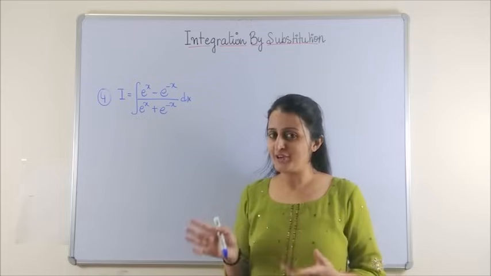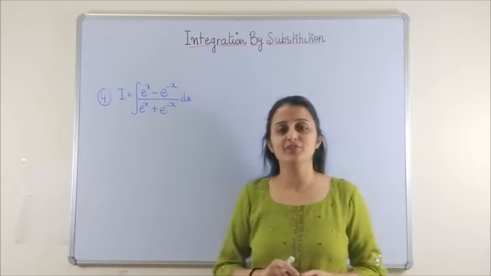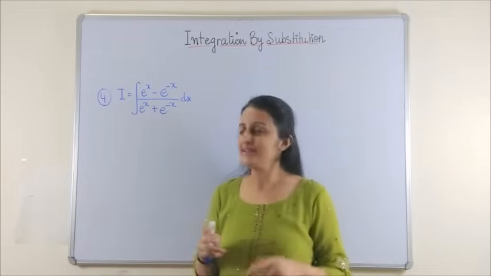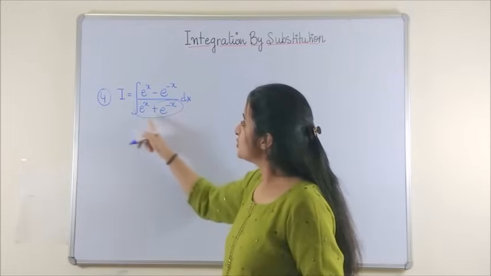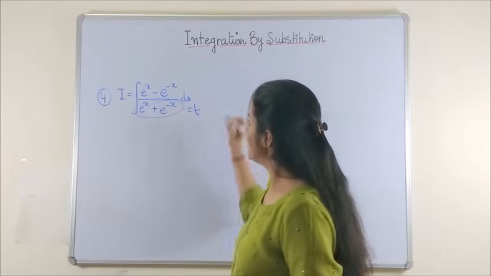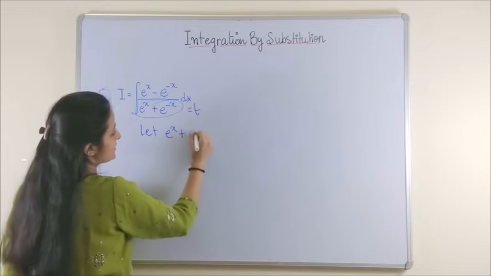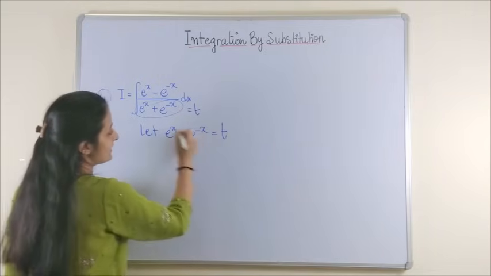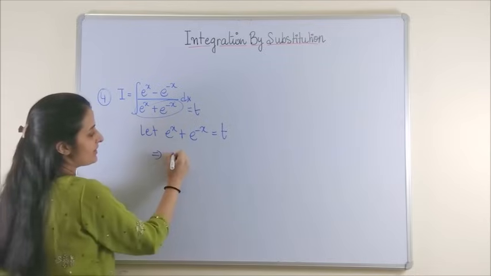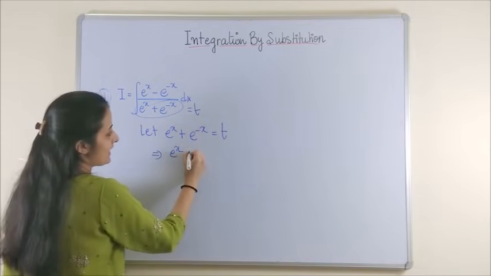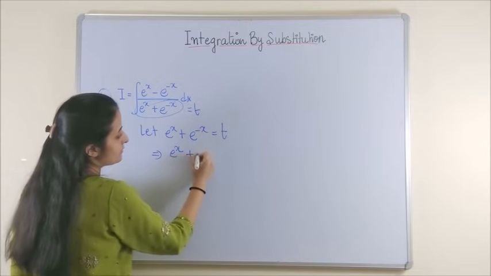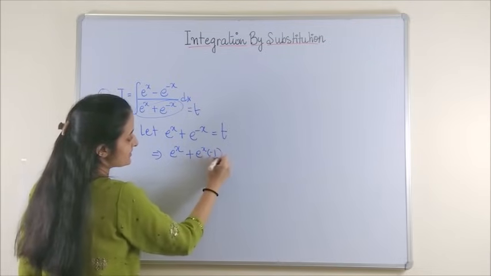Moving on with the volley of questions, have a look at the fourth question. Super simple? Yes. If you put your denominator as t, that means I say let e to the power x plus e to the power minus x is t. Derivative for e to the power x is e^x, and this one would be e to the power x into minus 1.